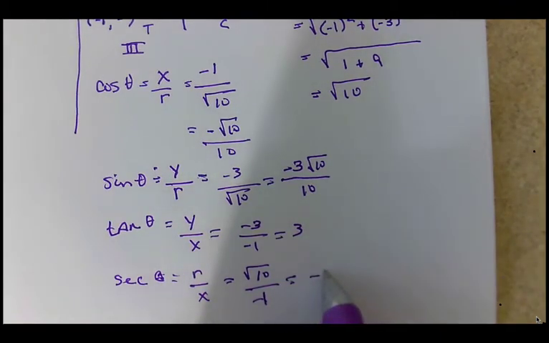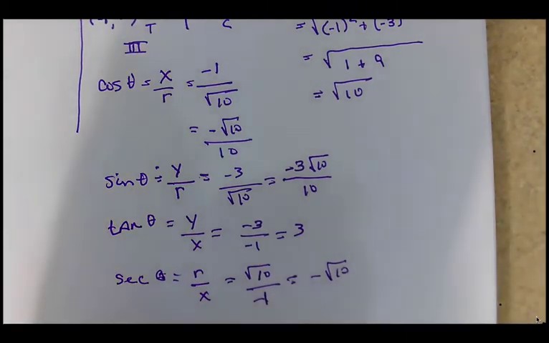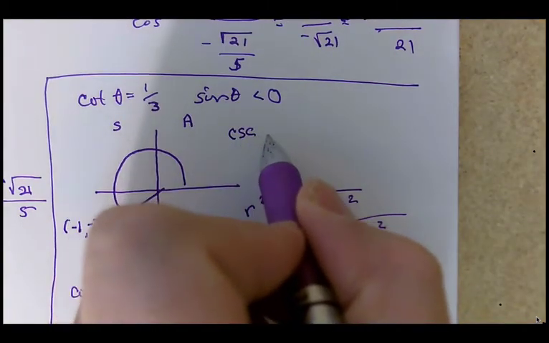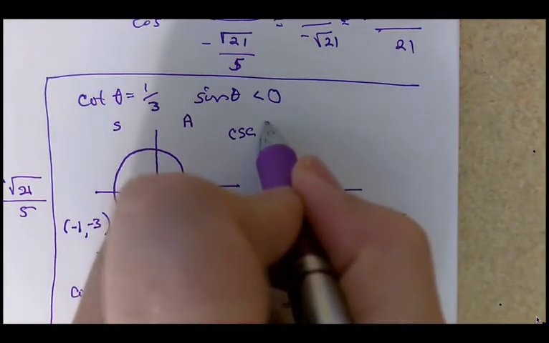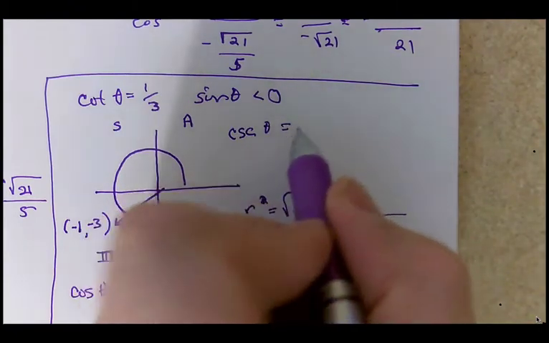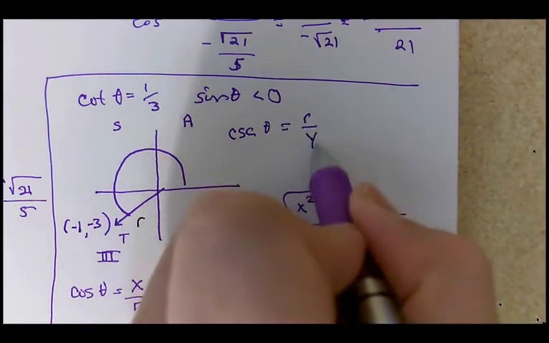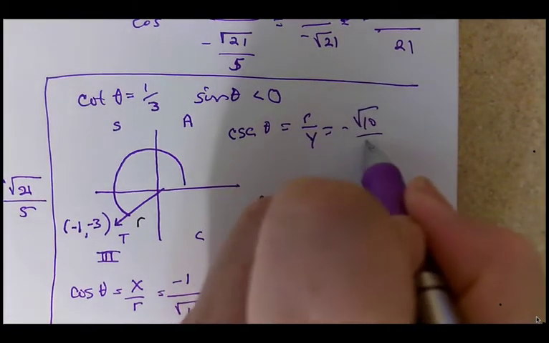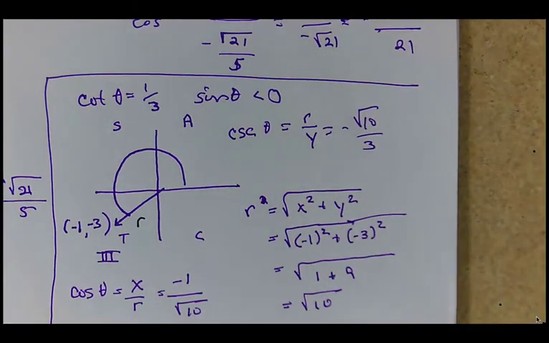Therefore, it's just minus the square root of 10. And then last but not least, cosecant. My cosecant is equal to r over y, which is equal to the negative of the square root of 10 over 3. And there we go.